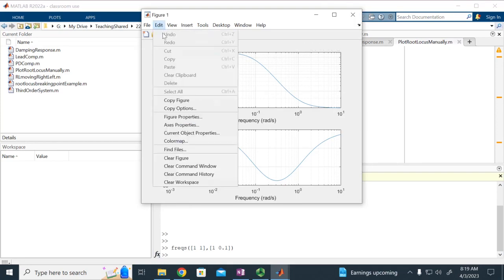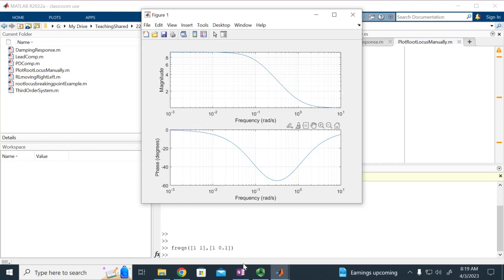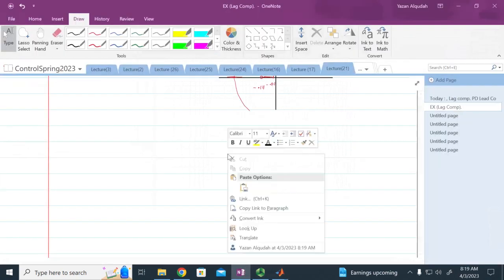Okay, so this is the frequency response of a compensator.